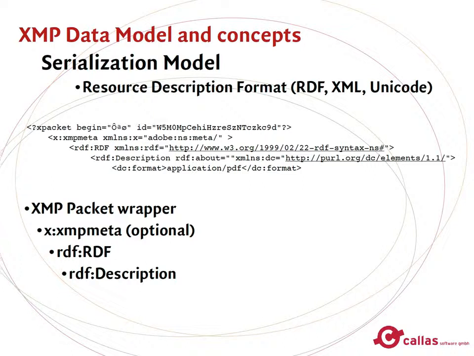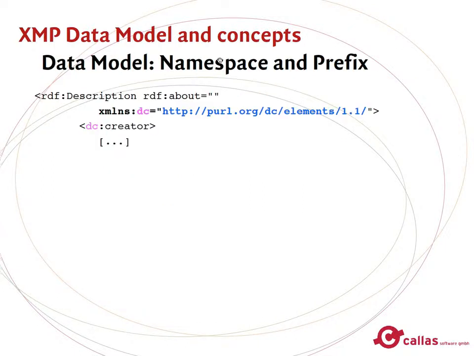That's the namespace URI for the properties used inside, and it defines also a namespace prefix for that URI. We'll come back to that later. Okay, and inside we have the dc:format property consisting of the name and the value.